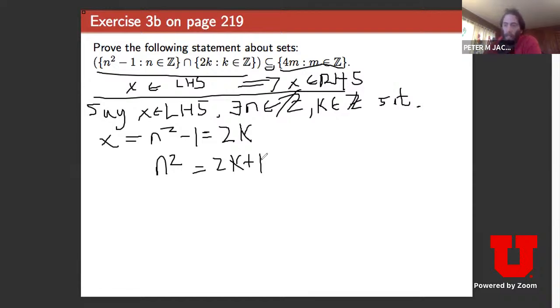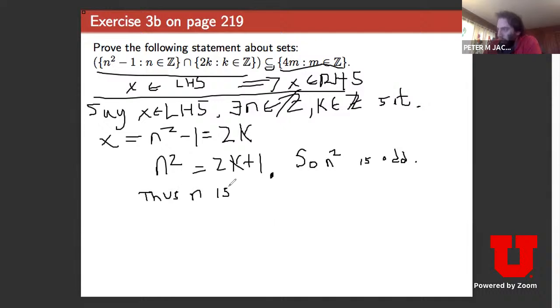And that in turn means that n is odd, because an even times an even is an even. So n is odd. So just to write this up, to be more explicit, n squared is odd. Thus, n is odd.